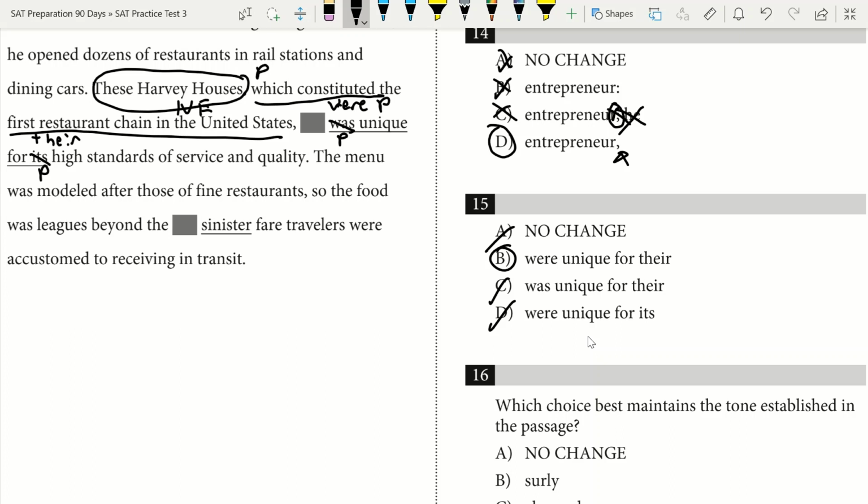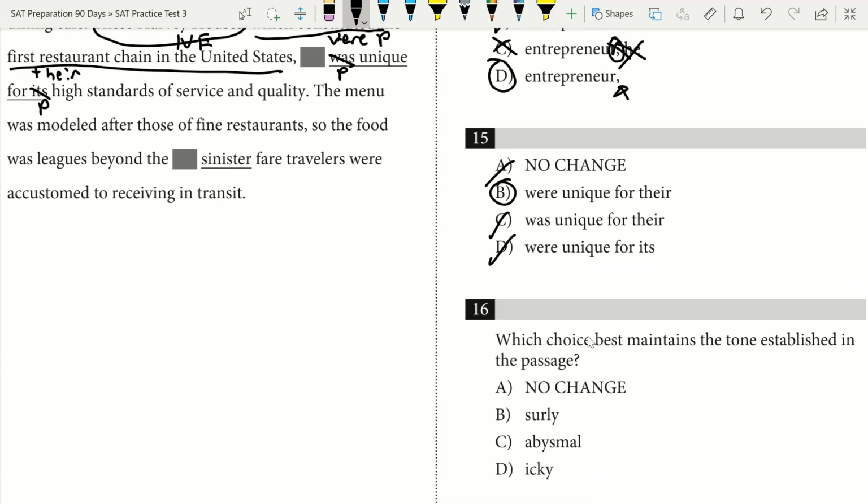All right, "the menu was modeled after those of fine restaurants, so the food was leagues beyond the." Okay, "sinister" isn't going to be a word that we use to describe food. But what we would use to describe food are words such as "abysmal," okay? You might think "icky" would be used to describe food, and yes, but the problem is that the tone of "icky" doesn't fit our passage.